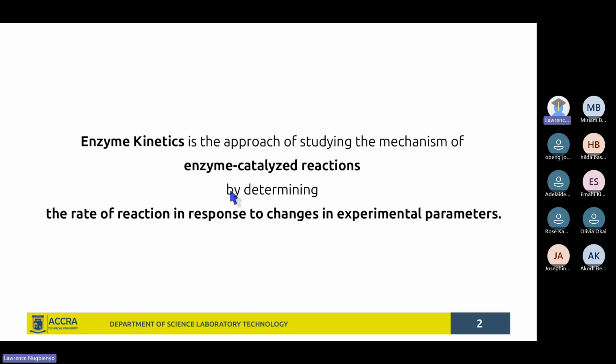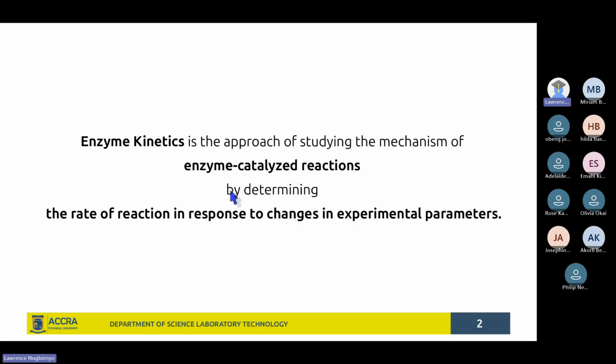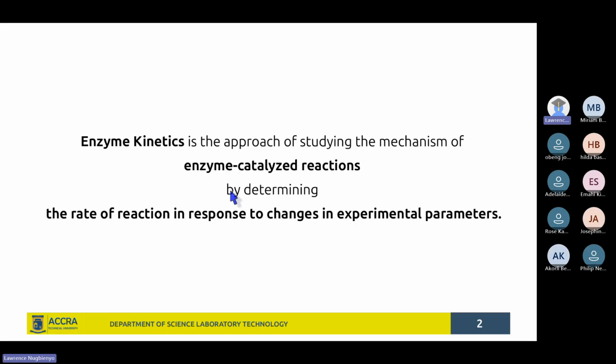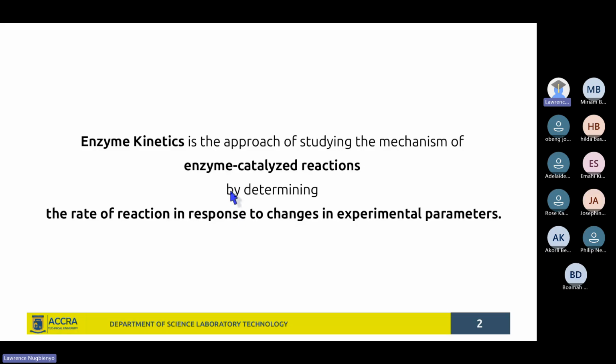Now, what we mean by enzyme kinetics is that when you keep all factors constant and vary only one of the factors. So for instance, you can keep enzyme concentration constant, substrate concentration constant, temperature constant, and vary only pH to see the dependence of the rate of the reaction on pH.